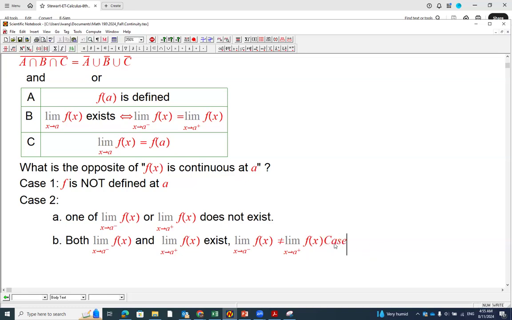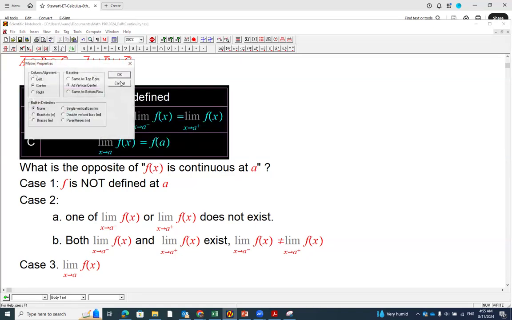And case number 3, the big case number 3, the opposite of C. Which means the limit from left and right exists, and the limit exists, and the function is defined, but they're just not equal.